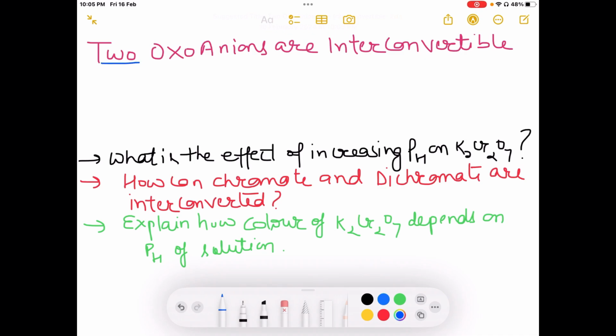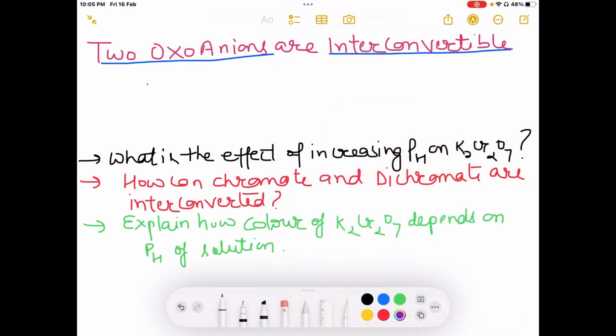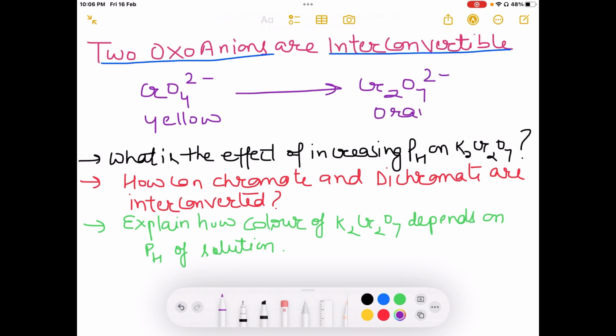The two oxo anions of chromium are interconvertible. The chromate ion, which is yellow in color, changes to the dichromate ion, which is orange in color.